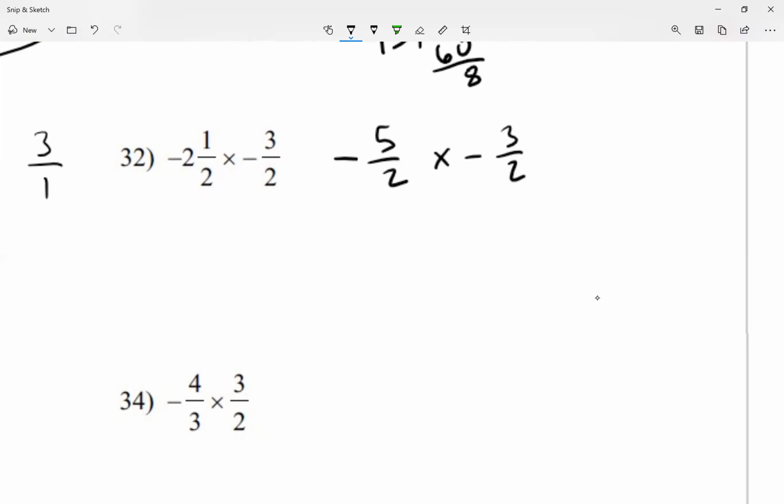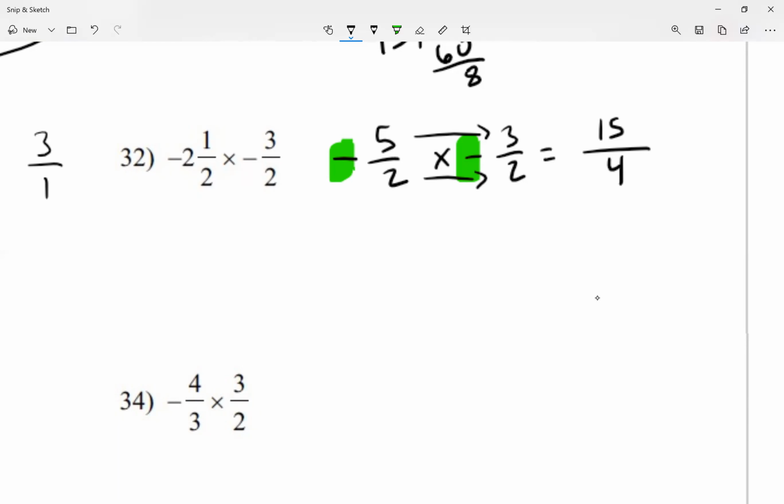Simplify means I choose a number from the top, a number from the bottom, dividing by the same thing. I cannot. When I multiply straight across, 5 times 3, 2 times 2, it gives me 15 over 4. Sign-wise, negative times a negative is positive. So positive 15 over 4.